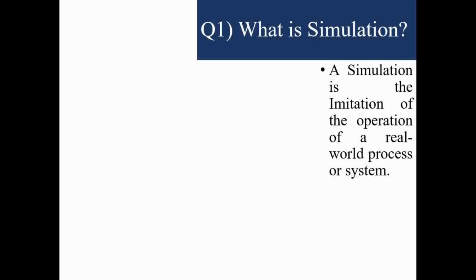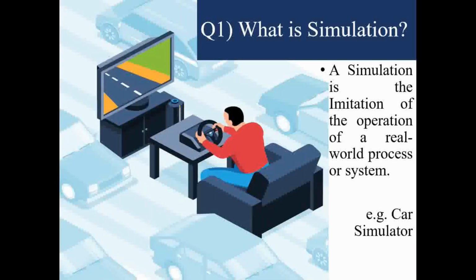As an example of this, we can consider a car simulator. If you observe this image, when we join a driving class nowadays, we have to do the practice initially on the car simulator. The main purpose of the car simulator is simulation of driving. We can get habituated with the road conditions and learn how to drive the car.